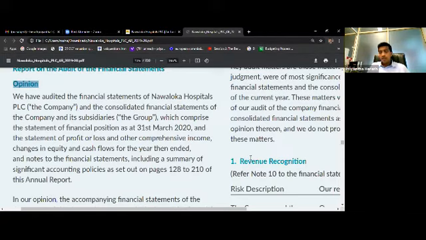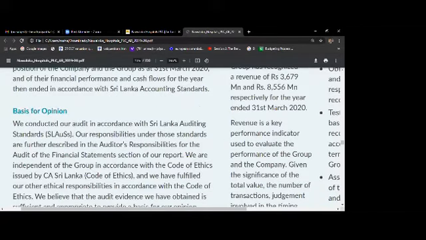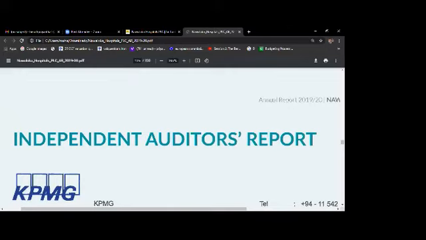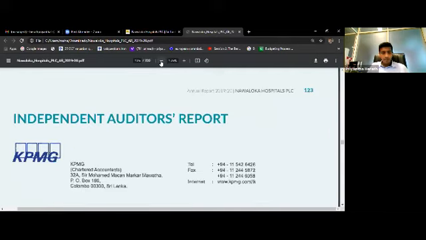And let's read the opinion, right? So what they say? True and fair view. Says that the statements give a true and fair view of the company's financial position.